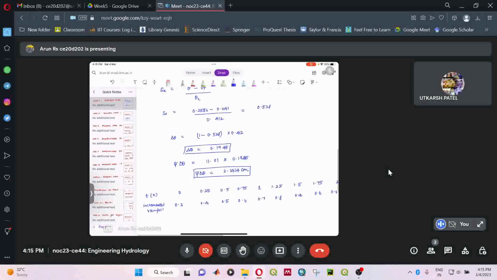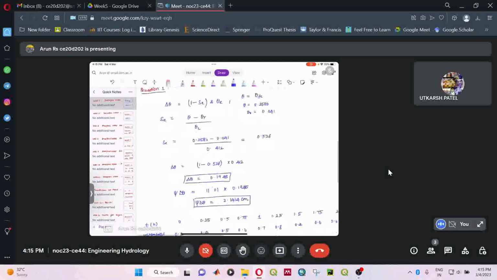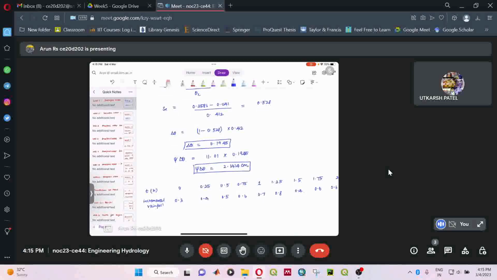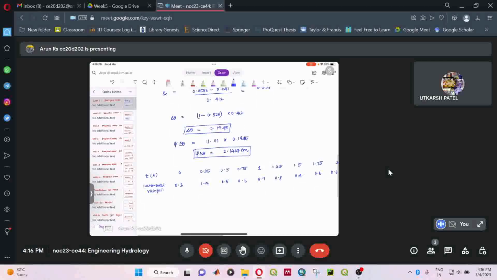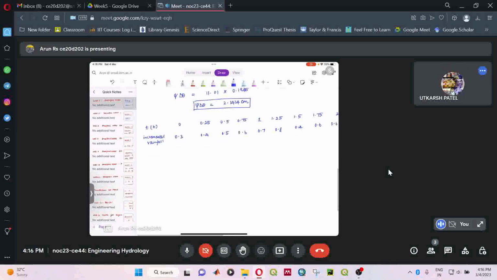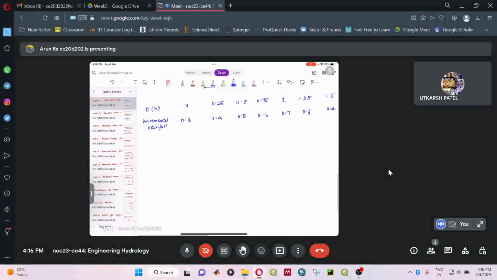Like if you see here, I have found the effective saturation to be 0.528. So don't round this up to 0.53, and later when you find delta theta, don't round it to 0.195 like that. This successive approximation over multiple steps will result in little changes in your answer, and finally it might go out of the range. So while solving, solve it as precisely as possible, like 3 to 4 decimal places, and in the final step round off carefully. That is what you need to keep in mind.